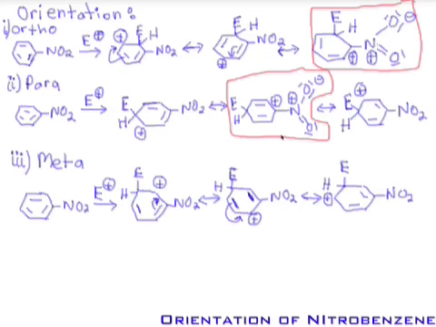It's less likely to happen. And meta attack is favored. So ortho-para does not occur. Meta is major. And in this case, we've explained it by considering each site of attack individually.